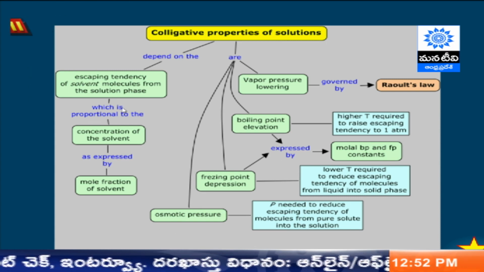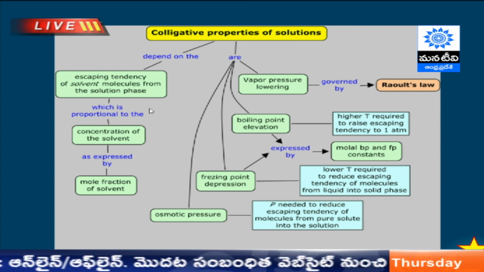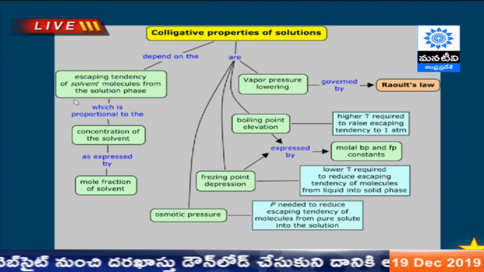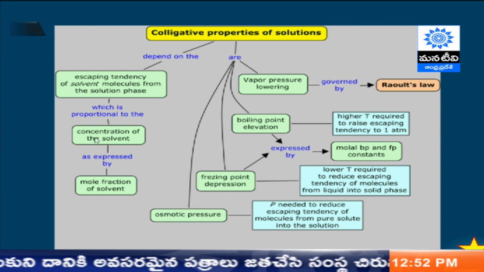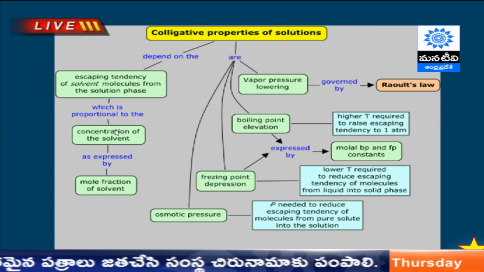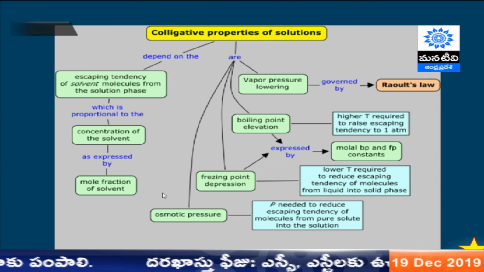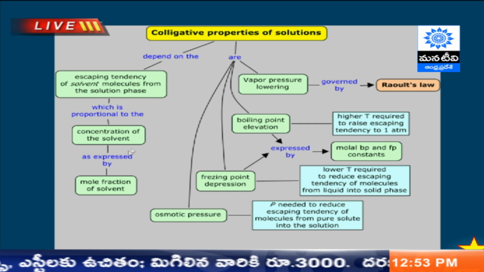When you consider lowering of vapor pressure, the escaping tendency is proportional to the concentration of the solvent, and inversely proportional to the concentration of the solute added. It is expressed by mole fraction, and it is given by Raoult's law.